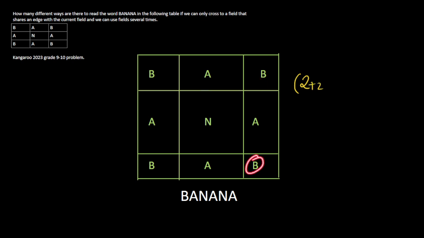And this B can only go to the N like this or like this. And that's another two possibilities. And finally, this B can only go to this N like this or like this. So that's another two possibilities. And really we can just write 8, because there are 8 distinct ways of getting from B to N.